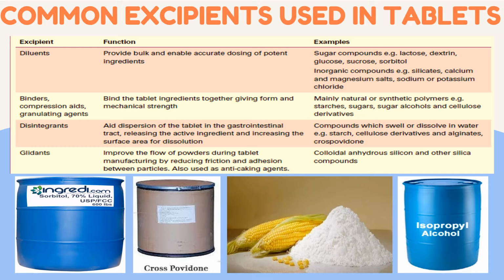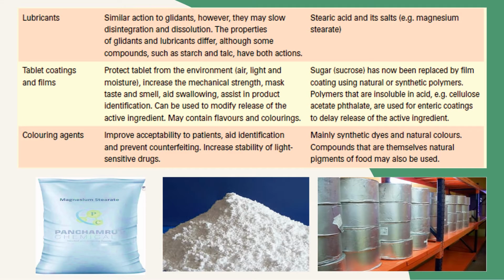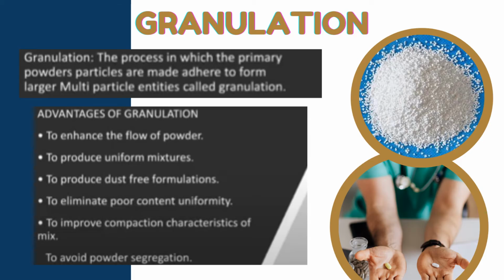Apart from that, there are binders, compression aids, granulating substances, and disintegrants, which help the tablet disintegrate. Glidants improve the flow property of the powder. Then there are lubricants, and if your tablet requires coating, you need coat-forming materials. And to improve the elegance of the tablet, you can add coloring agents.